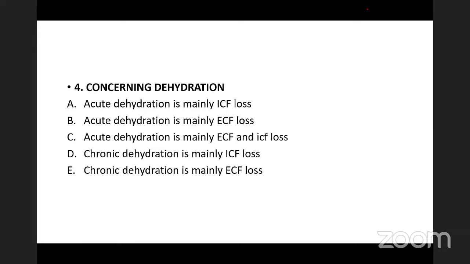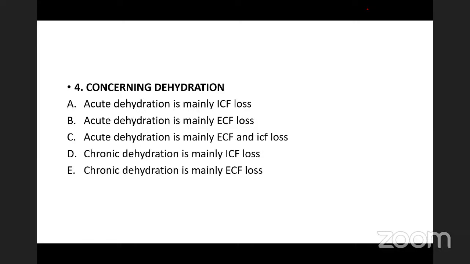The next question is concerning dehydration, okay? Concerning dehydration. Acute dehydration is mainly ICF loss. Acute dehydration is mainly ECF loss.